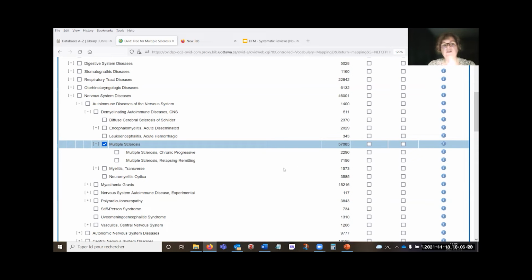Oh, one thing I forgot to mention, there's always so many things to say. Medline is like a dictionary. Those subjects are really much like a dictionary of terms. Why do I say that? Because all these subjects have a definition, and these definitions are found on the right-hand side, and you click on these little blue i buttons. So let's say for chronic progressive multiple sclerosis, I just want to see what they mean.